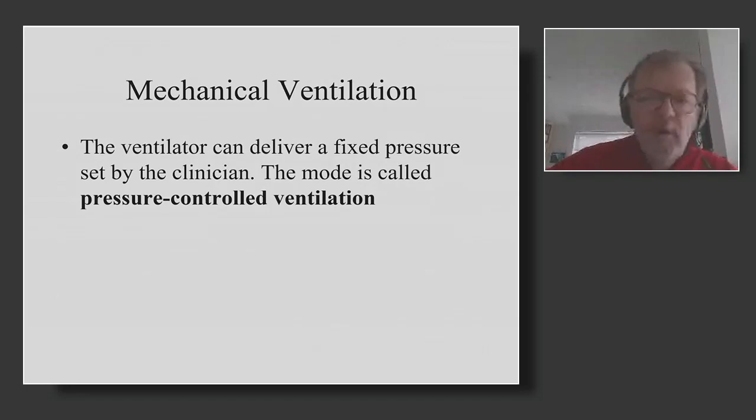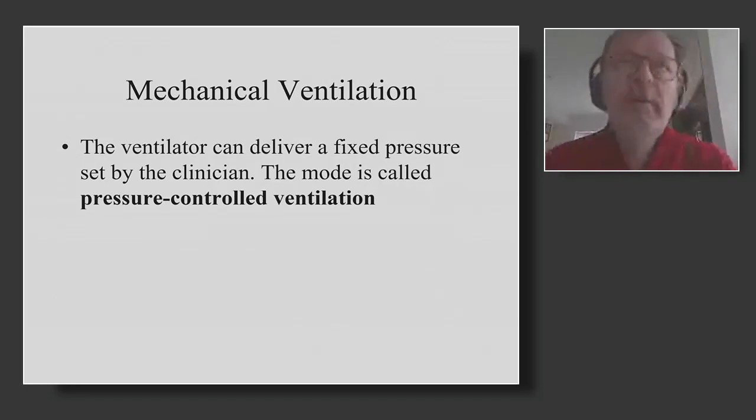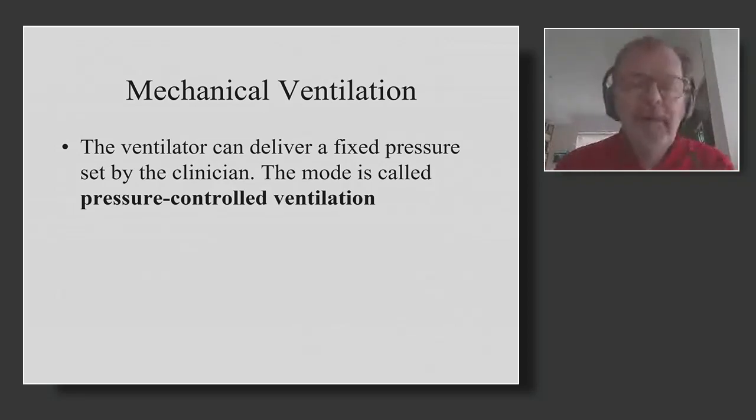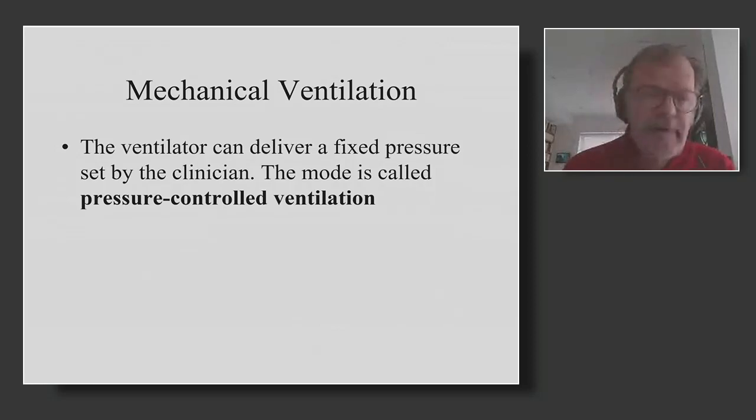These modes are generally called pressure control ventilation. You have different modalities which are all pressure targeted, including a very popular mode like pressure support ventilation. These are modes where the clinician adjusts the pressure, but not the volume delivered to the patient.